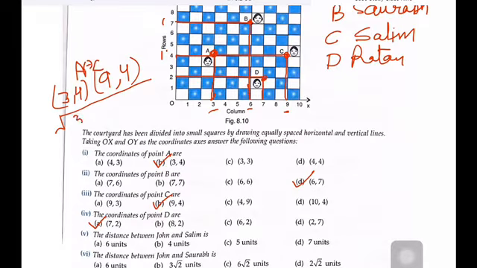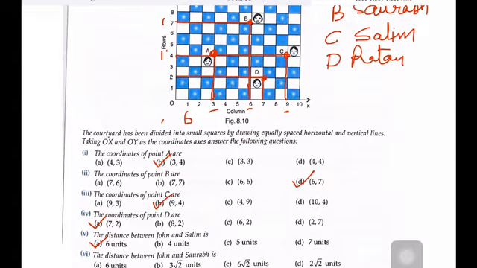Root of the difference of the coordinates squared: (3 minus 9) whole square plus (4 minus 4) whole square. So what will come from this? Minus 6 whole square, and its root. The square makes the negative sign positive. So it will be 6 units.